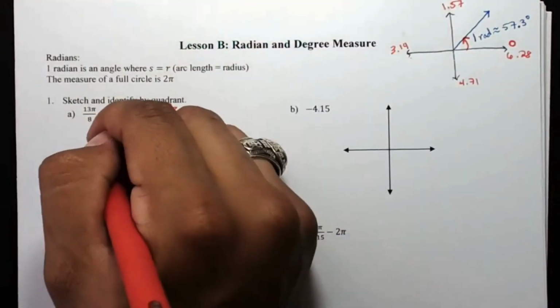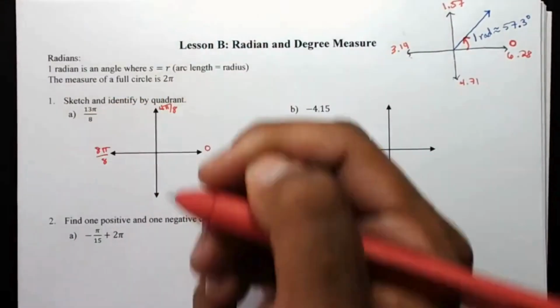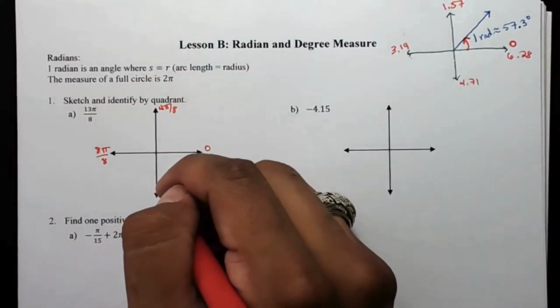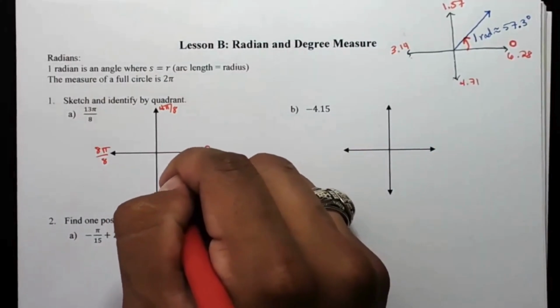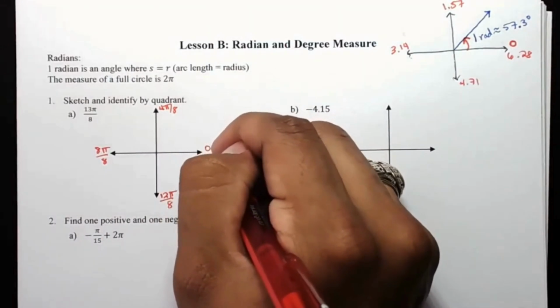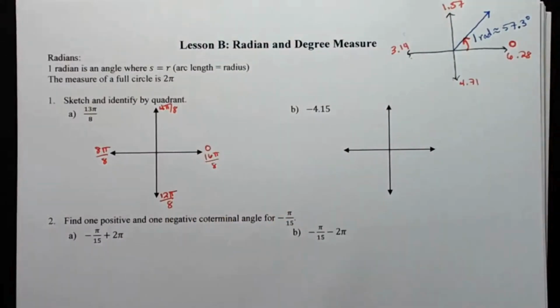Pi with a denominator of 8 would be 8 pi over 8. Down here, 3 pi over 2 in terms of pi over 8 would be 12 pi over 8. And over here would be 16 pi over 8. So I put my quadrantal angles in terms of a denominator of 8.